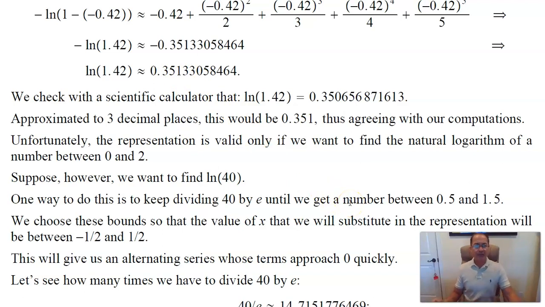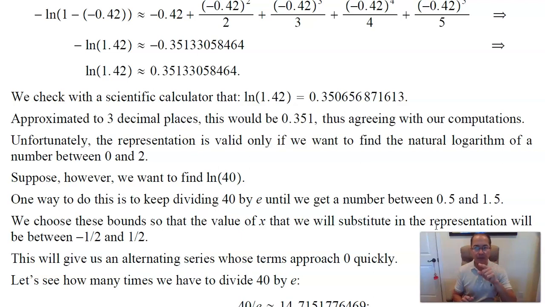Okay, so what happens if your number is not between 0 and 2? After all, you could want to find ln of 40 or ln of 112 and so on. Well, one way to do it is to shrink that 40 so that we get a number which is between 0.5 and 1.5. So why are we picking 0.5 and 1.5?